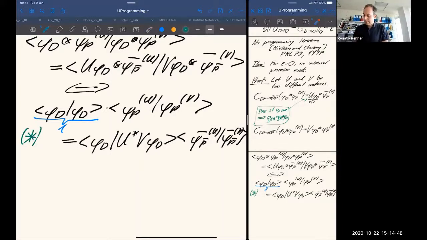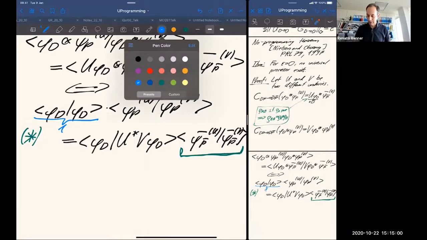Now, I look at this term. This term here, I want to prove that this green underlined term is actually 0. But I'm doing that by assuming that it's not, so by contradiction.